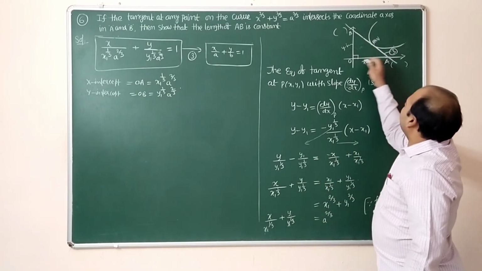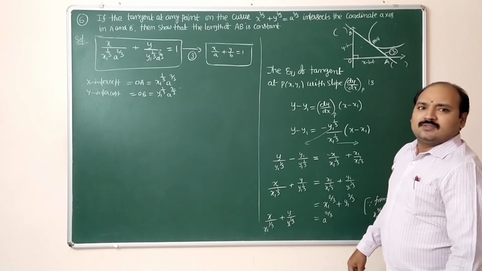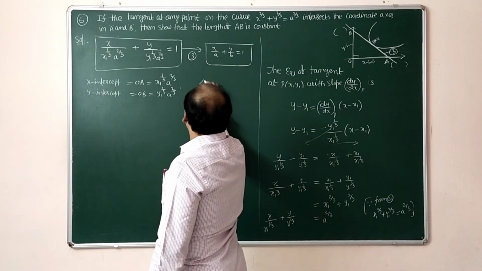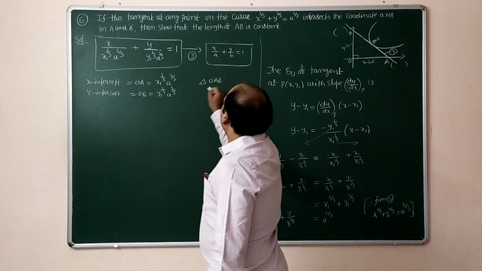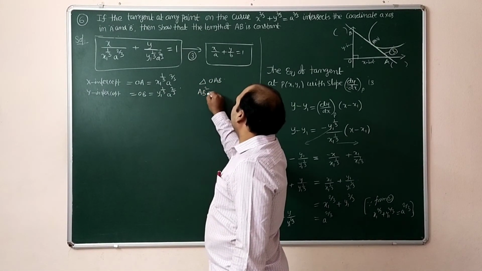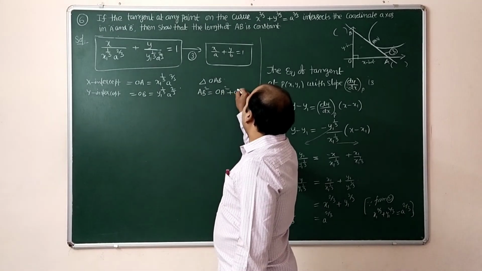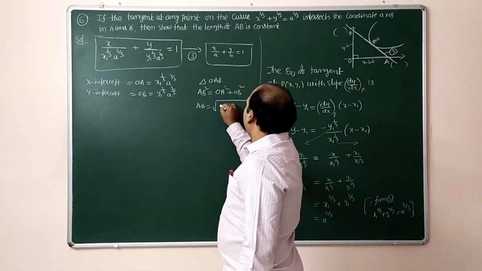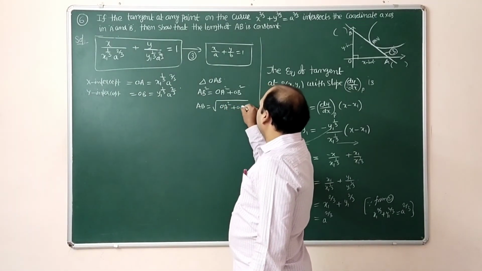Observe that triangle AOB is right angled here. Whether it is right angle, we can apply Pythagoras theorem. From triangle OAB, AB square equal to OA square plus OB square. So AB is equal to square root of OA square plus OB square.